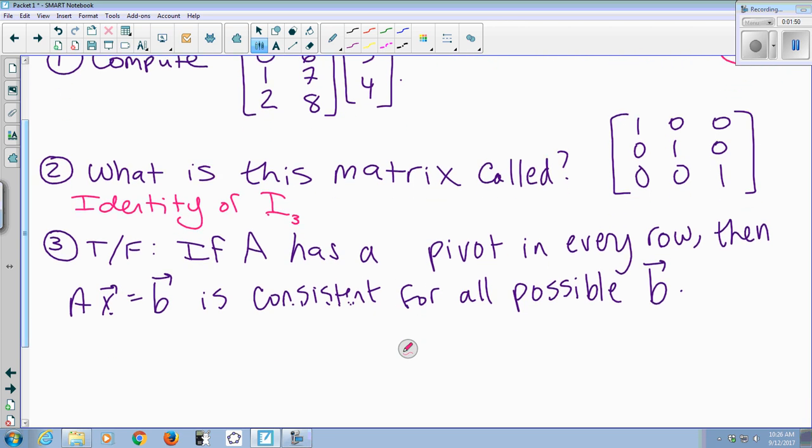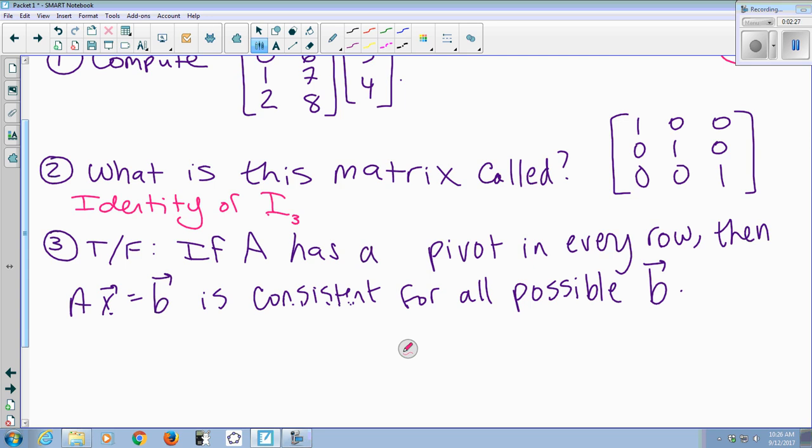What makes it the identity? What does that mean? So if we're talking just the real numbers, just one real number line, what's the identity element in the real numbers? 1.